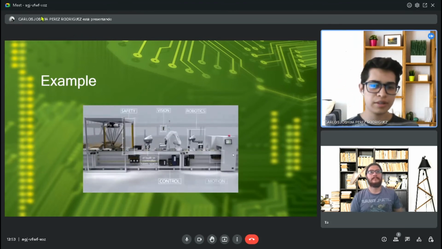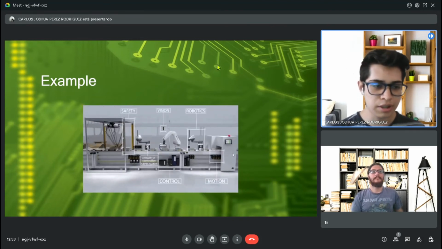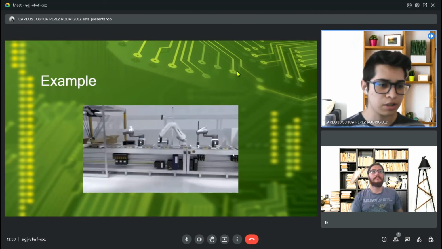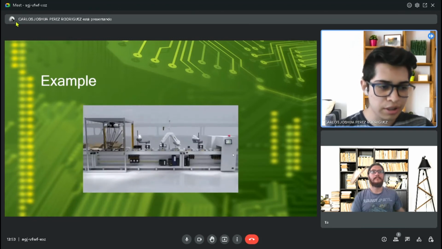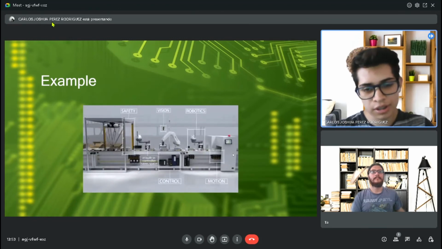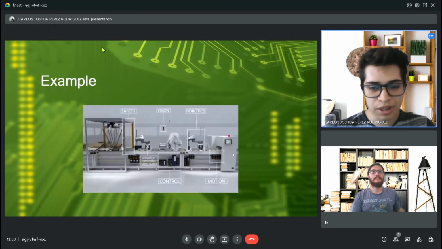To be more clear, here we have another example where you can see a line that includes different types of morphologies. First you can see a SCARA robot that is placing an object in a piece.